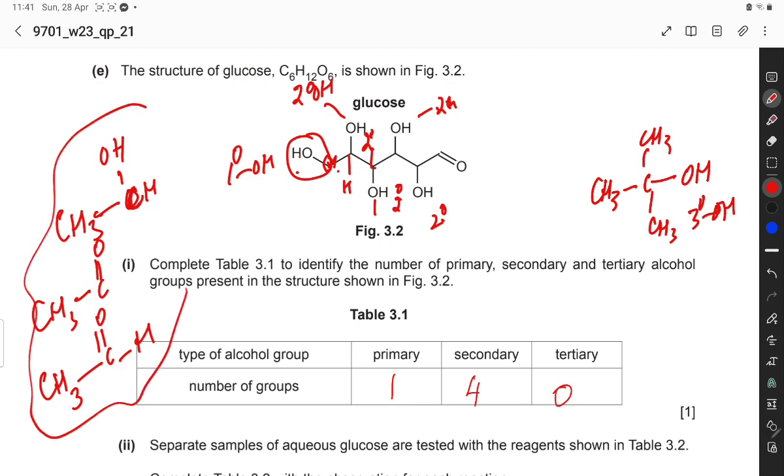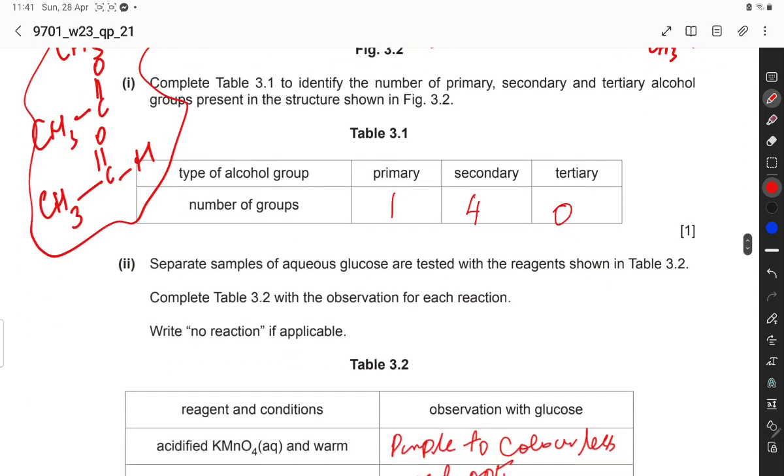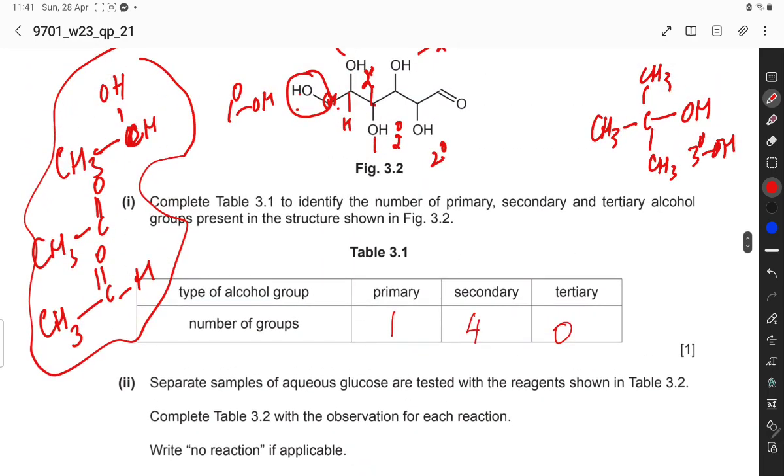So alkaline iodine reacts on such compounds.